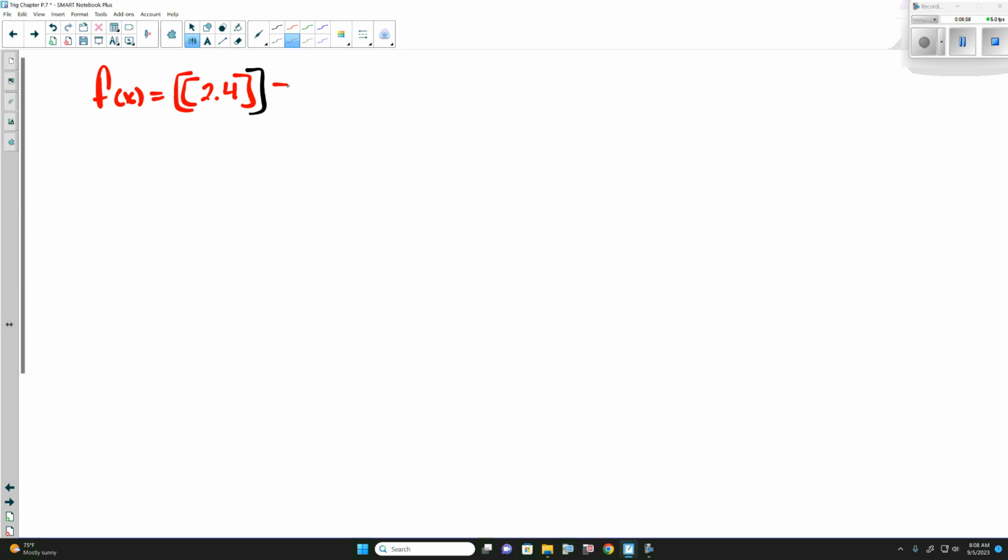So what would the step function of 2.4 be? What do you think? Take a guess. So what is the smallest number, integer, less than 2.4?